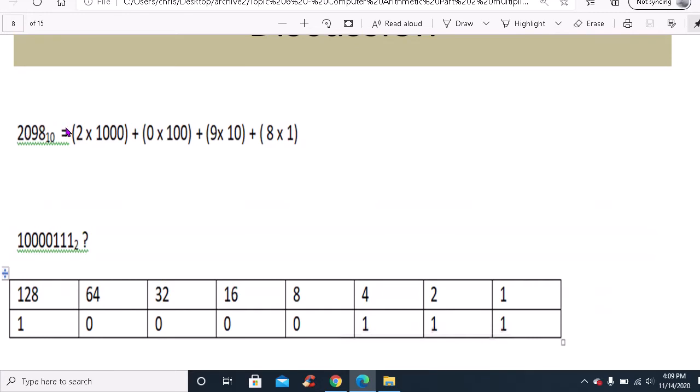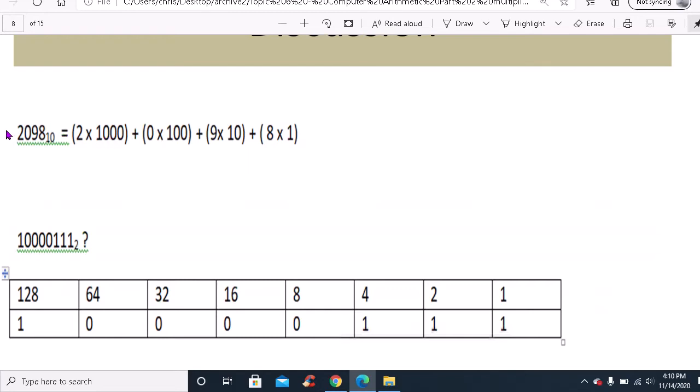Once again, I'm putting this in black and white. 2098 in decimal is equivalent to 8 times 10 raised to the power of 0, which is 1, plus 9 times 10 raised to the power of 1, plus 0 times 10 raised to the power of 2, plus 2 times 10 raised to the power of 3.